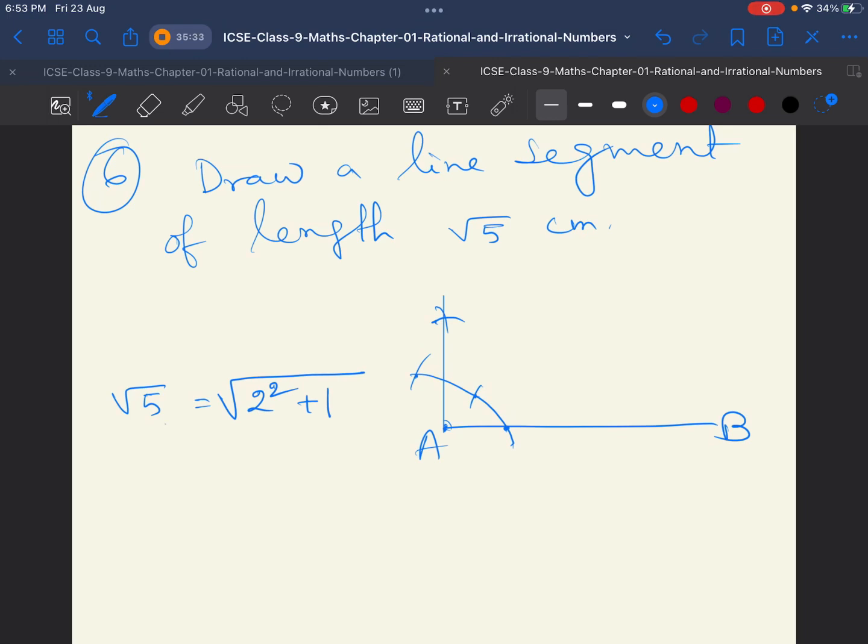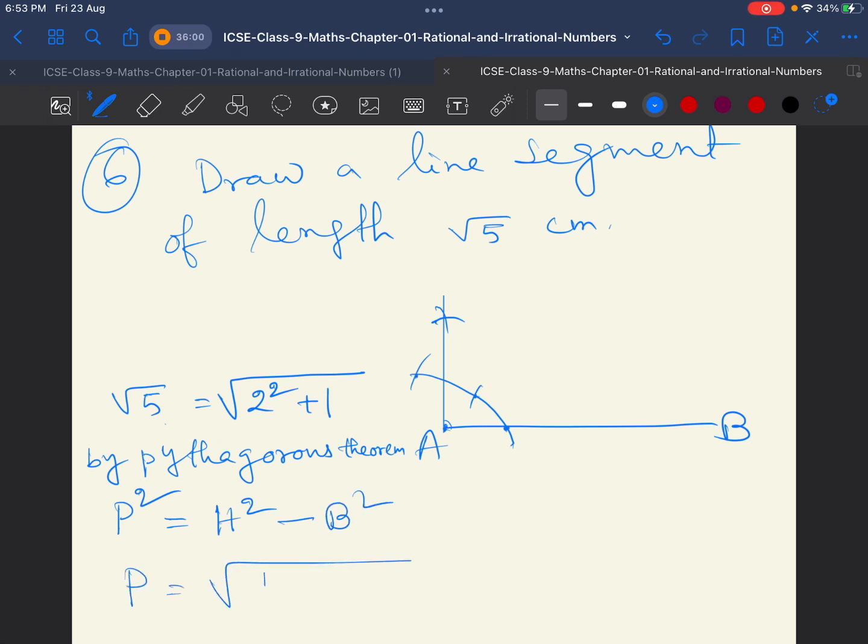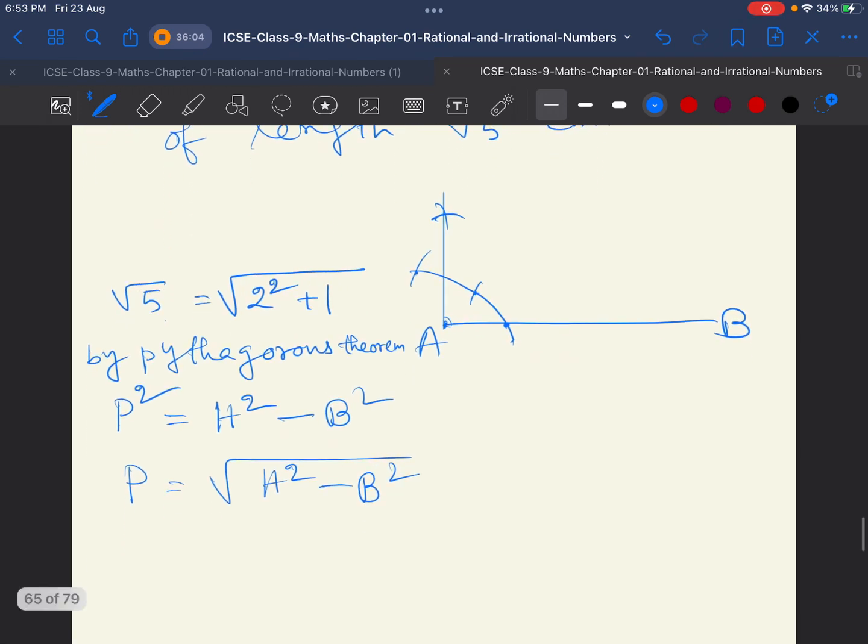By the Pythagoras theorem, we know perpendicular square equals hypotenuse square minus base square. So perpendicular equals the square root of hypotenuse square minus base square.